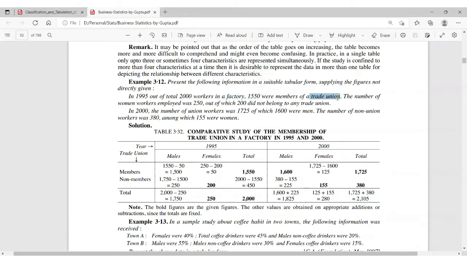Some are trade union, some women, that means women and men are there, right? Trade union and non-trade union, male and female, union and non-union, right? And obviously this is a comparison of two years, one year is 1995 and the other one is 2000, right?